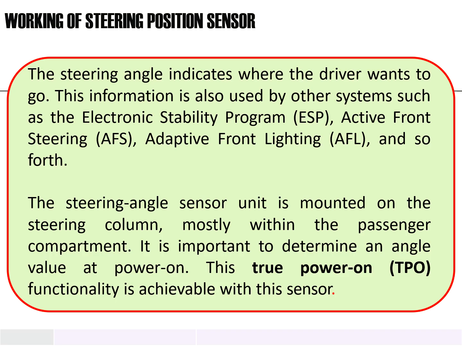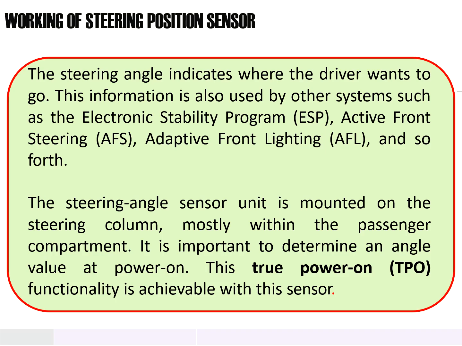It is also used by other vehicle systems such as the stability program, also called ESP, active front steering, also called AFS, adaptive front lighting, called AFL, and other electronic vehicle systems. Therefore, the steering angle sensor is an important input sensor for modern vehicle control systems.